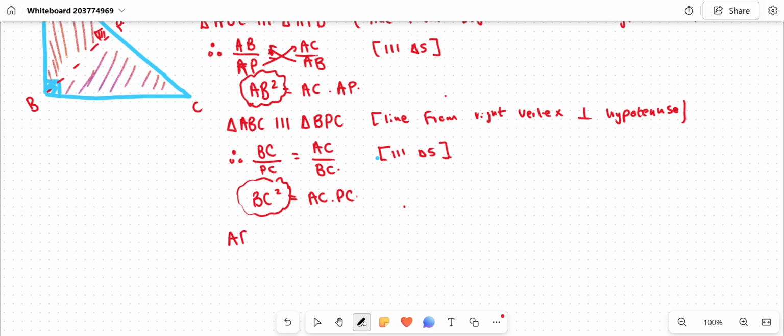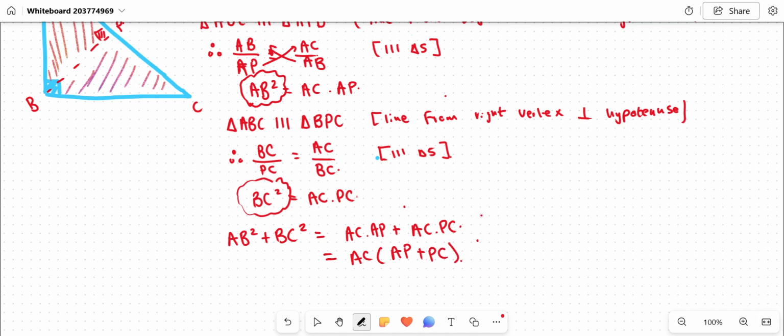So AB squared plus BC squared is in fact just AC times AP plus AC times PC. And if you take out the AC side as a common factor, you get AP plus PC.